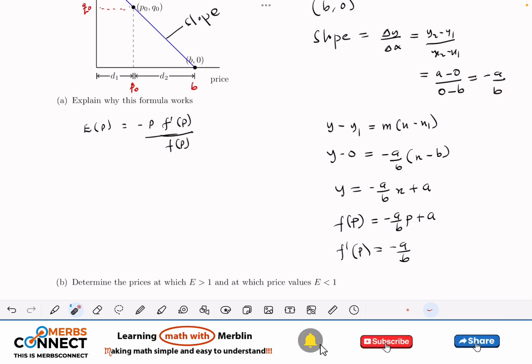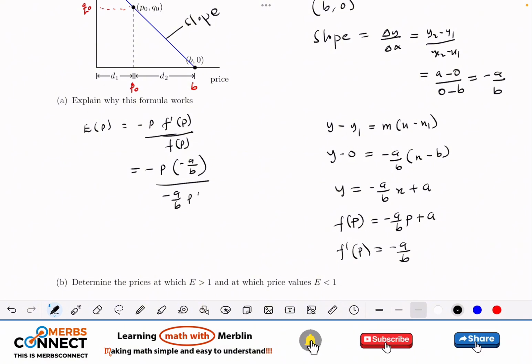So now that we have gotten this, we can try to put them in. So minus p times the slope, which is minus a over b, divided by the equation here. So we are going to have something like minus a over b p plus a.